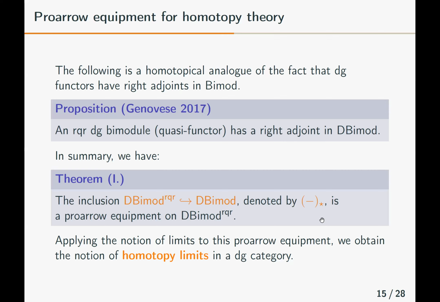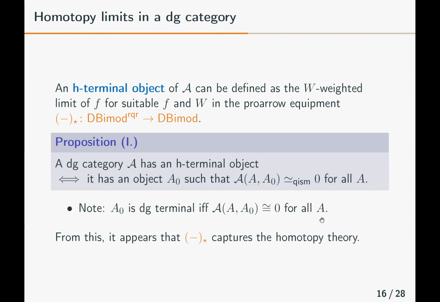Applying the general notion of limits in a pro-arrow equipment to this, we obtain a notion of homotopy limits inside a DG category. I studied the behavior of these homotopy limits. Let me first explain the simplest example of a homotopy limit.